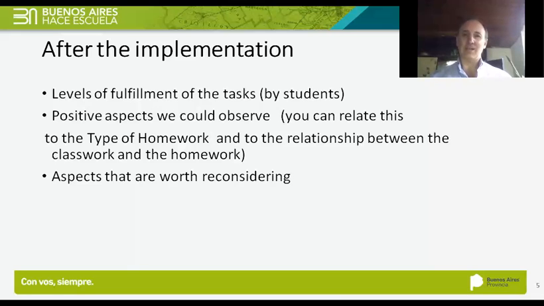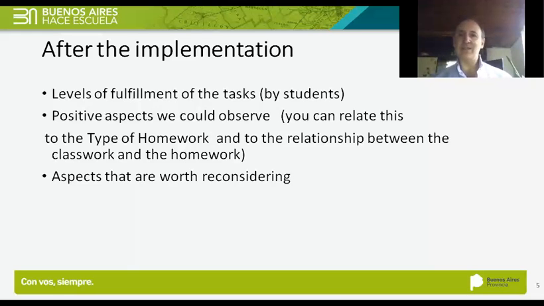So this could be an aspect also to reconsider in this case in the selection of tasks, in the differentiation of tasks according to the different types of homework or some other aspects of differentiation as you have seen in the course, and then thinking of alternatives for future implementation.